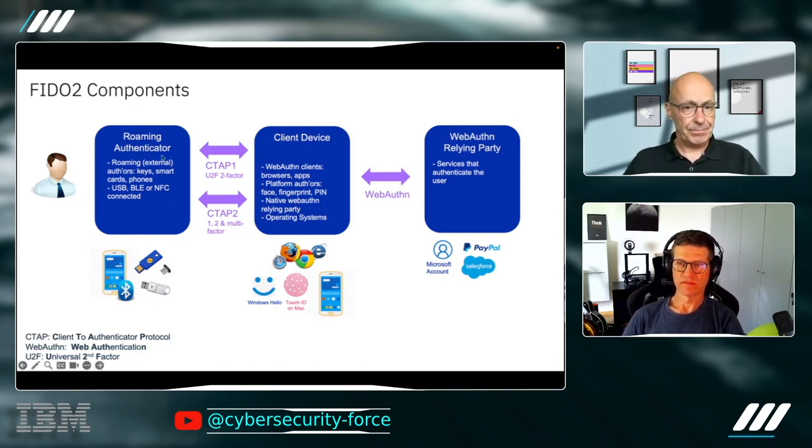And that protocol to let the client device talk to such a roaming authenticator is called CTAP. And CTAP stands for Client to Authenticator Protocol. So that's in a nutshell the components. I'd like you to remember it in a very simple way: it's WebAuthn and it's CTAP.